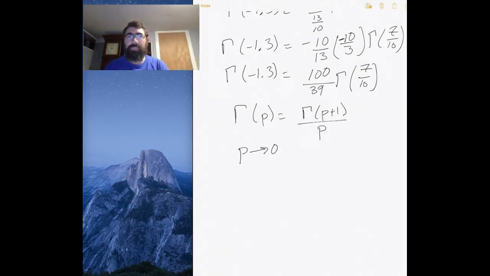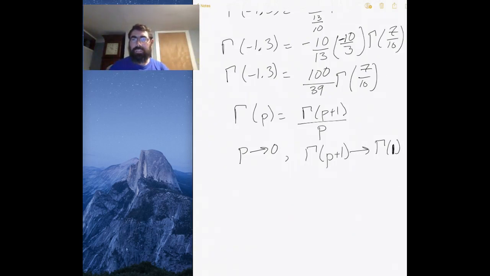I'm not going to set p equal to 0 yet, I'm just going to allow it to go to 0. Then gamma of p plus 1 would go to the limit of gamma 1.